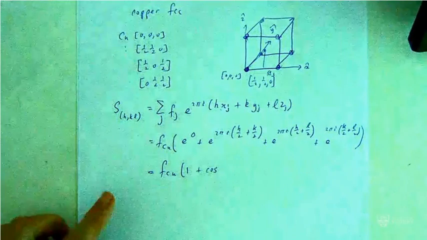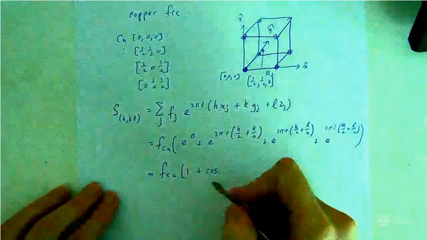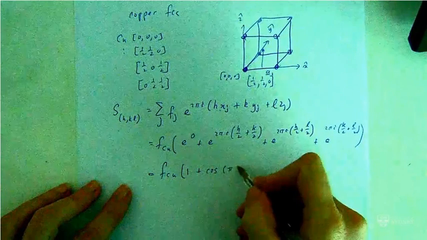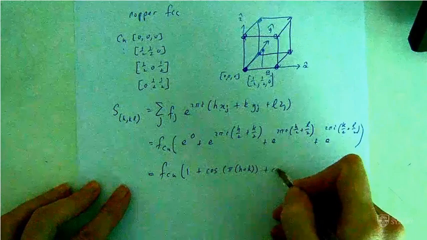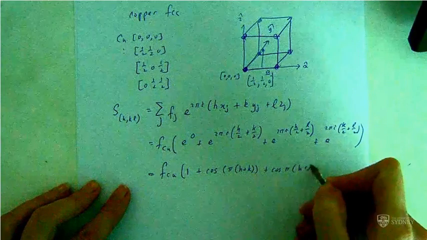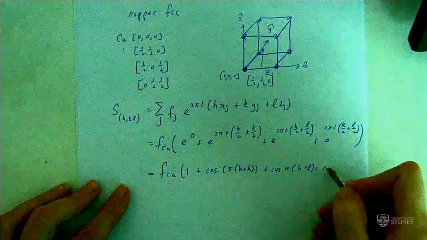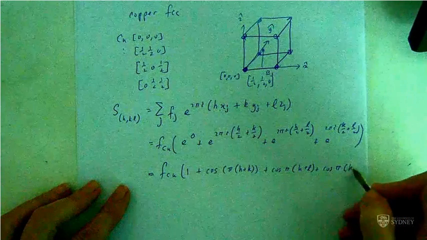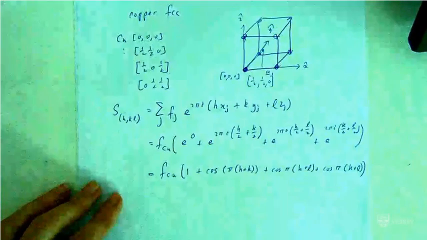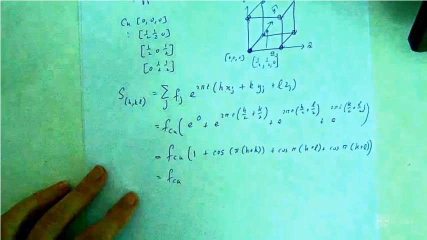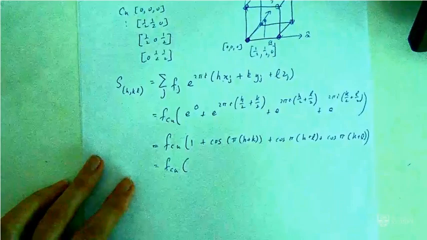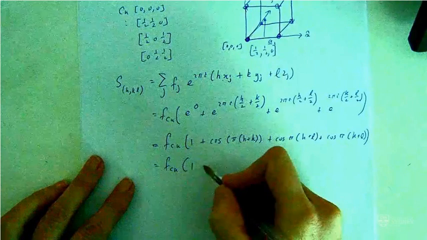Okay. So we've got cos of pi(H+K) plus cos of pi(H+L) plus cos of pi(K+L). All the sines obviously go out. And we are left with the form factor of copper times 1 plus the cos functions.